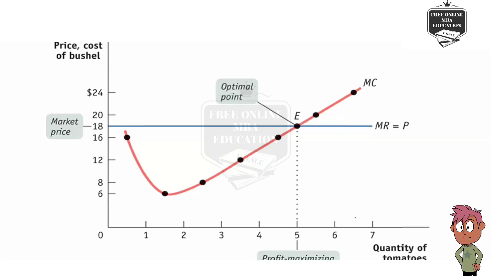Now, understand there is a market price which has been set at $18, which I told you, right? The market price could be set because the market here could be a competitive market, and the firm is a price taker. It is not a price maker. So whatever price is set by the market becomes the price at which the firm is going to sell its product. So if $18 is the price set by the market, this is the price at which your firm is going to sell the product.